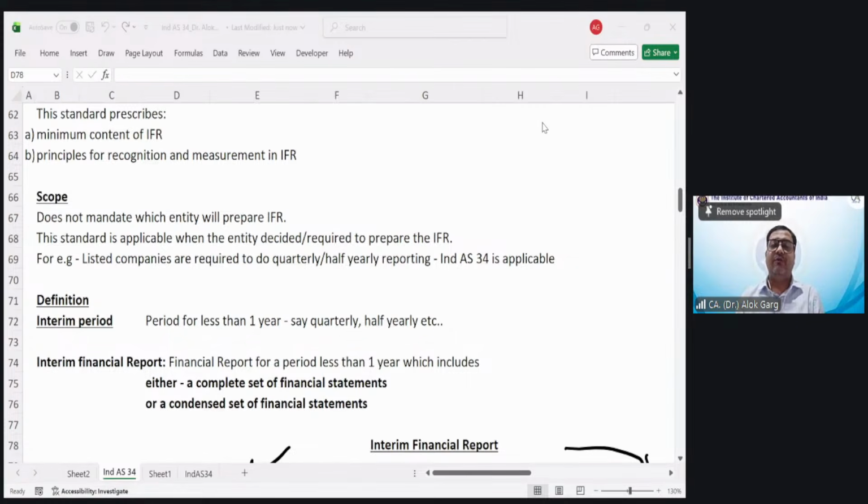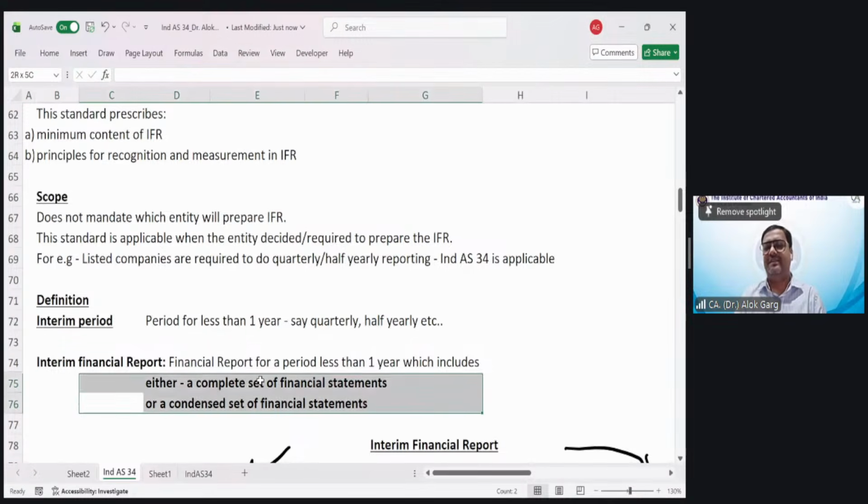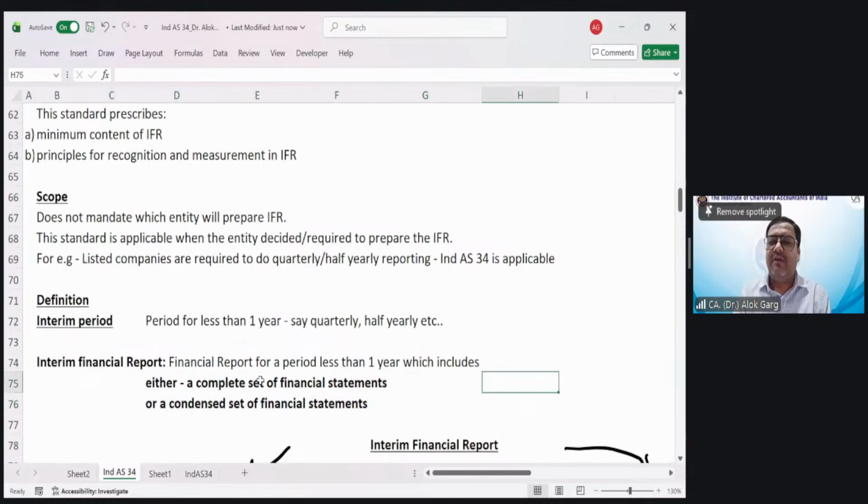So friends, now interim financial report means interim financial statement. Now, it can be of two types. Number one, either a complete set of financial statements or a condensed set of financial statements. Complete means, as the name suggests, full.